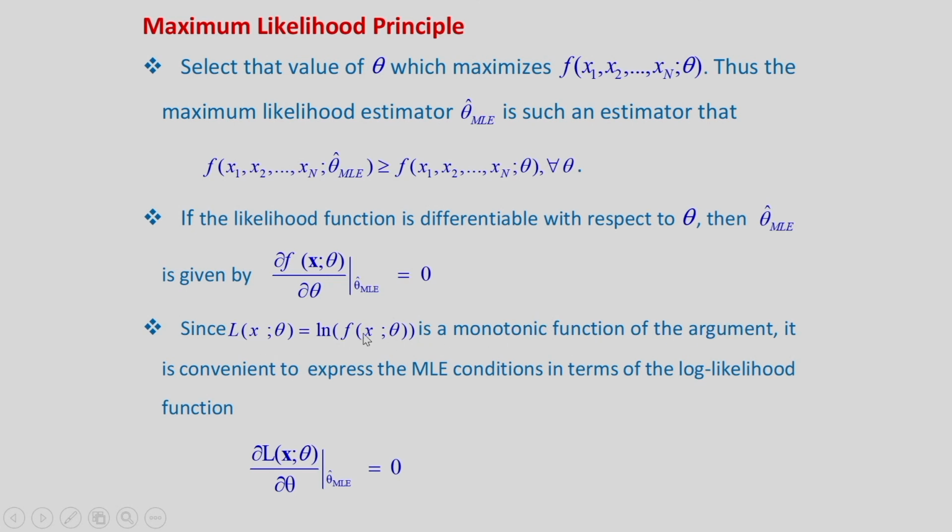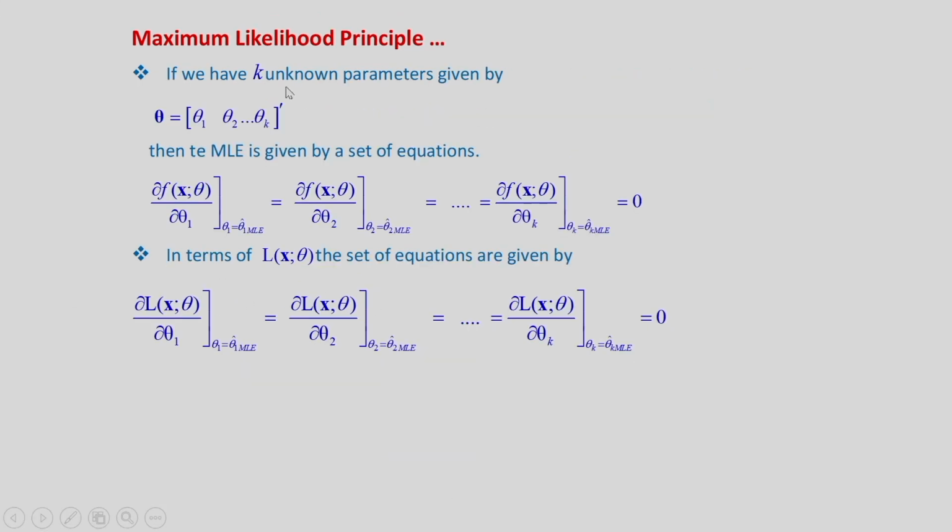Therefore, it is convenient to express the MLE condition in terms of the log likelihood function as this, that is, the partial derivative of L of x theta with respect to theta at theta hat MLE is equal to 0. So, either we can use this condition or this condition to find out theta hat MLE.